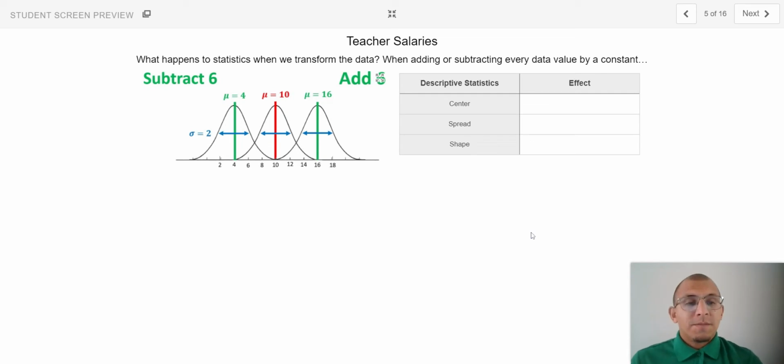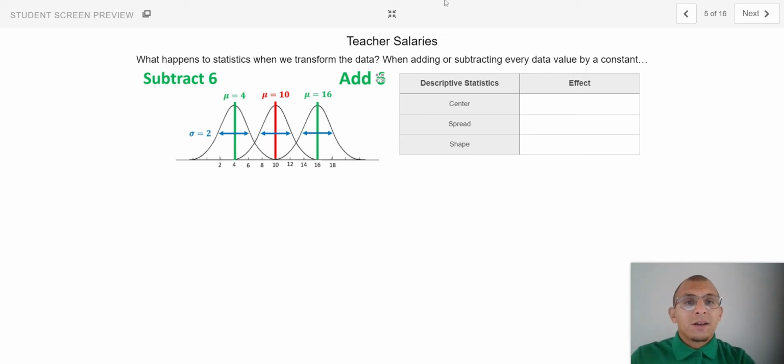Based on what you've noticed, visually speaking here, we can see what is happening to the two distributions. So let's assume that we had a normally distributed set of data with a mean of 10. If we were to increase every value by 6, the mean would then shift to the right, subsequently increasing the value of the mean to 16, and vice versa had we decided to subtract 6.